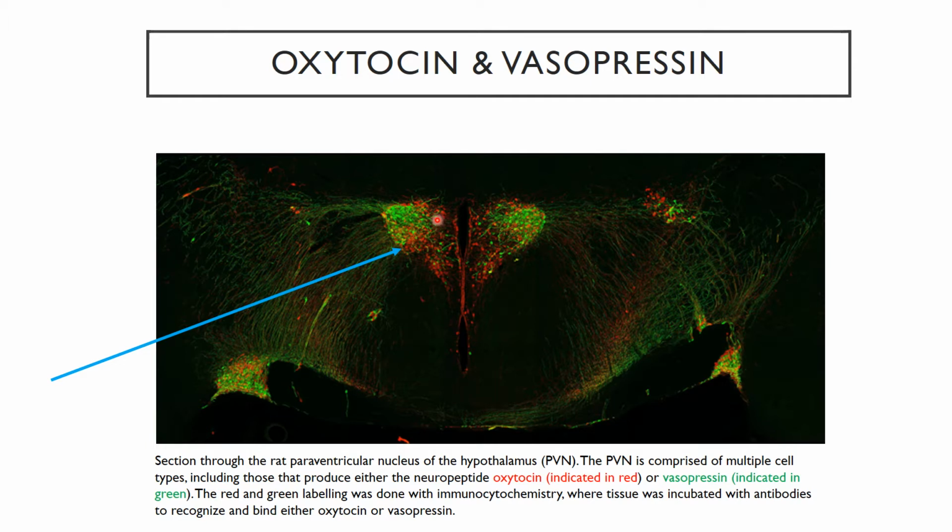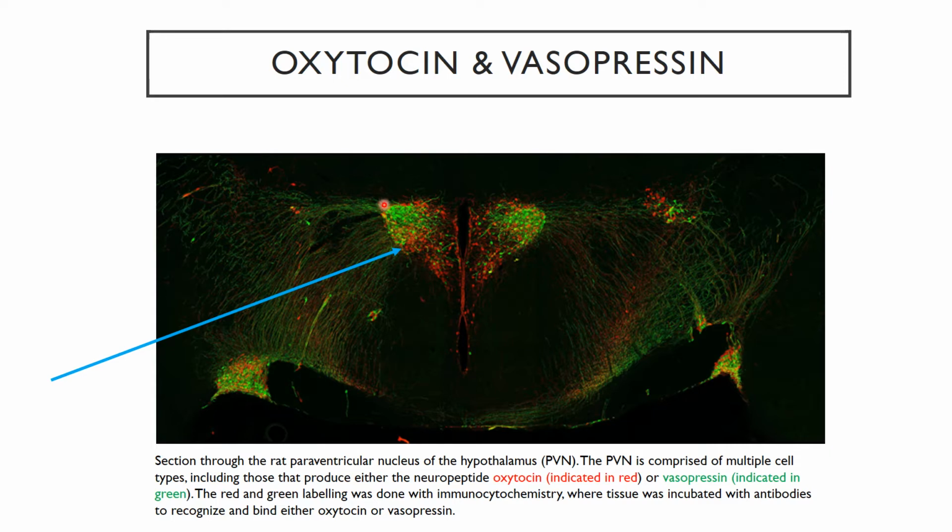So what that means is that cells either produce oxytocin or vasopressin. They don't produce both. And even though they're all located and jumbled up in essentially the same brain area, there are some subtle differences, with red being a little bit more medial and the vasopressin being a little bit more lateral.